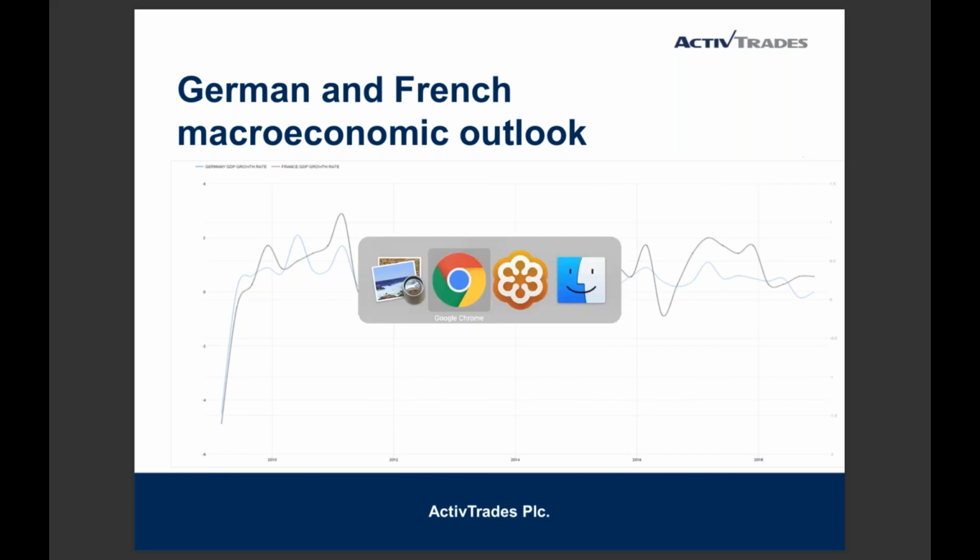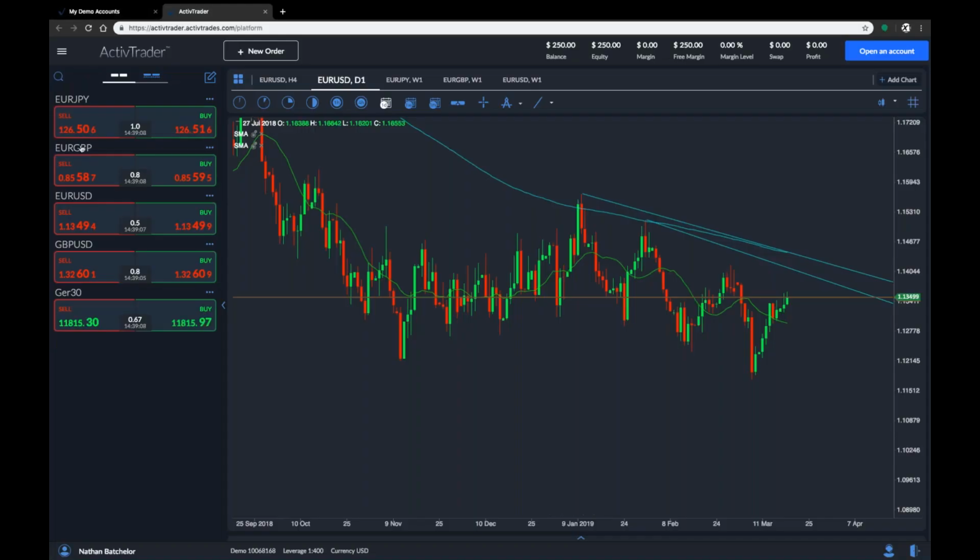So if I just quickly go over to the market on ActivTrades, the DAX is the index on the Frankfurt Exchange, and ActivTrader here uses the ticker symbol GER30, and it's quite easy to remember, German and 30 leading companies within that index, of which not all are German, I found out recently.